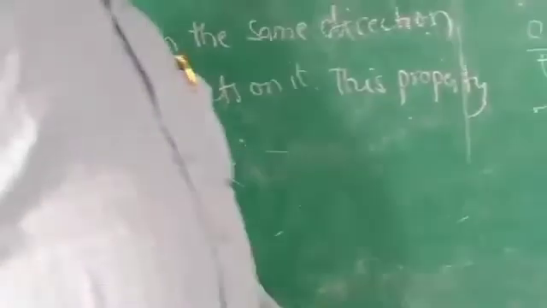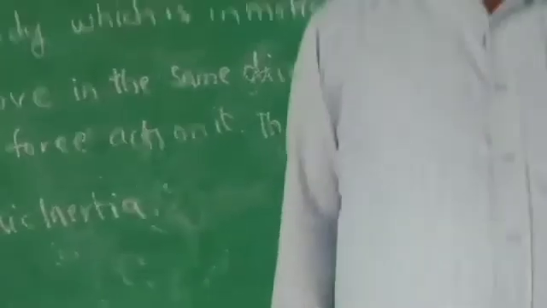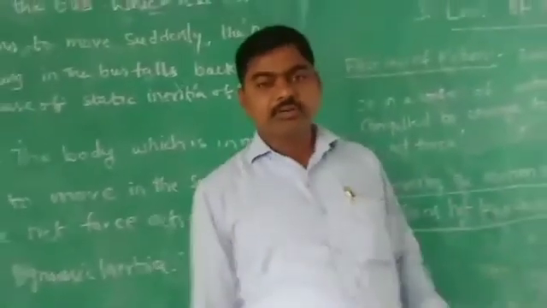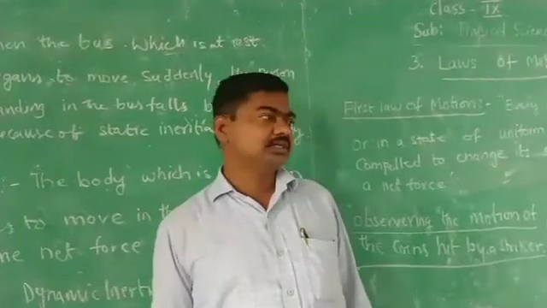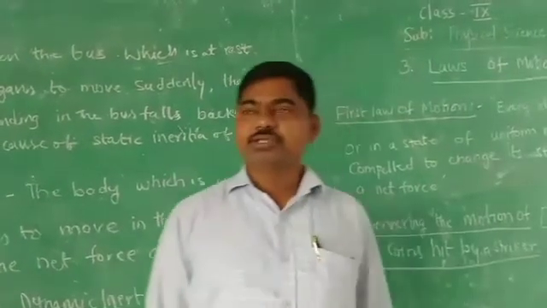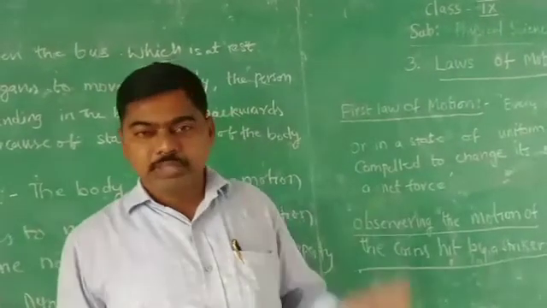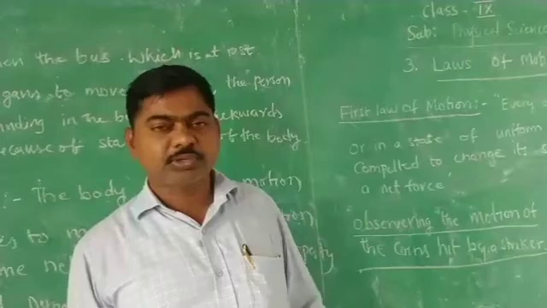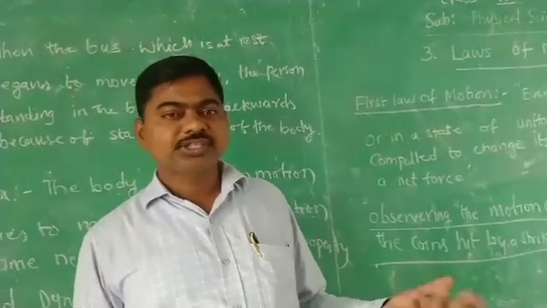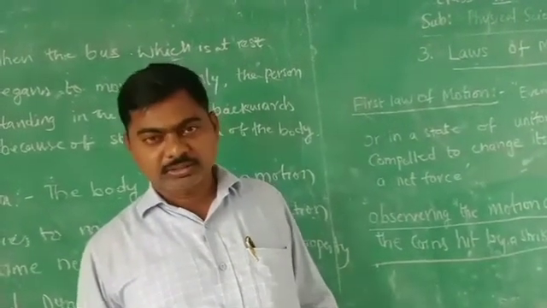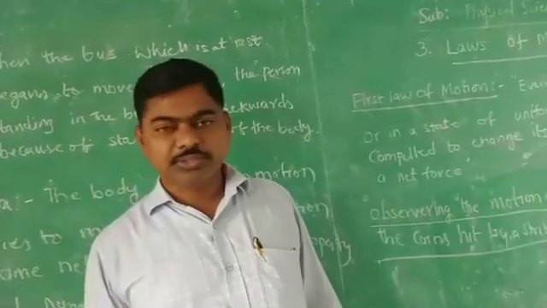Here you have seen inertia. On what factors does inertia depend? Inertia depends upon the mass of the body. If you compare a cycle and a car, which one will have more inertia?